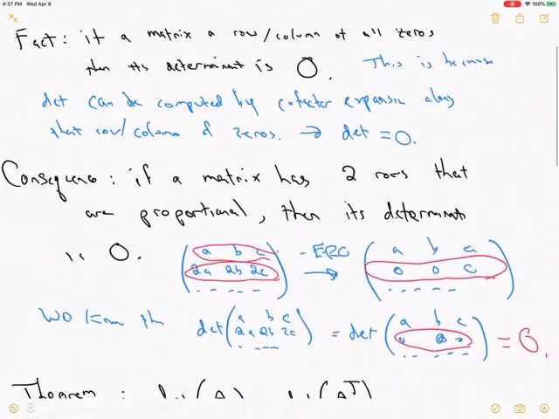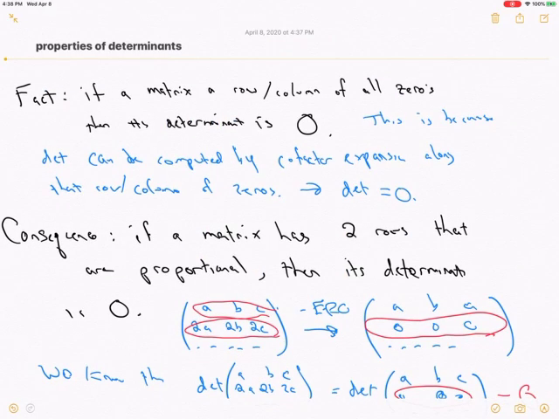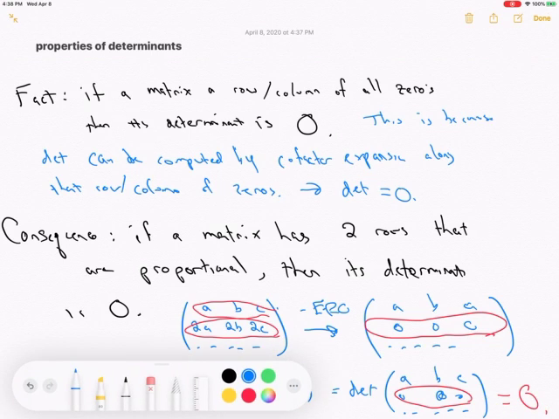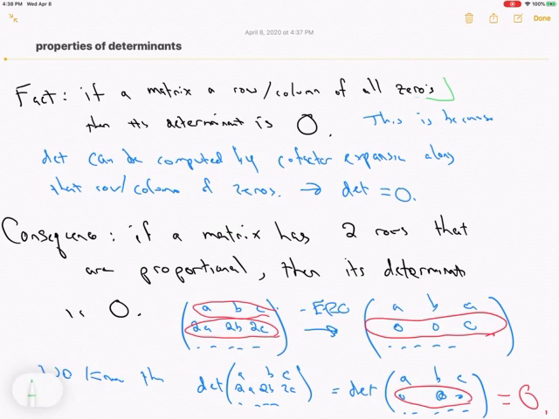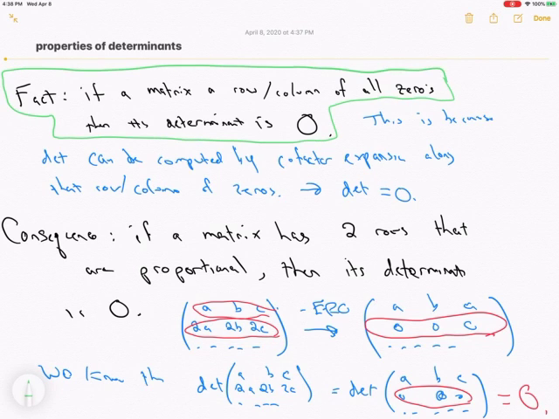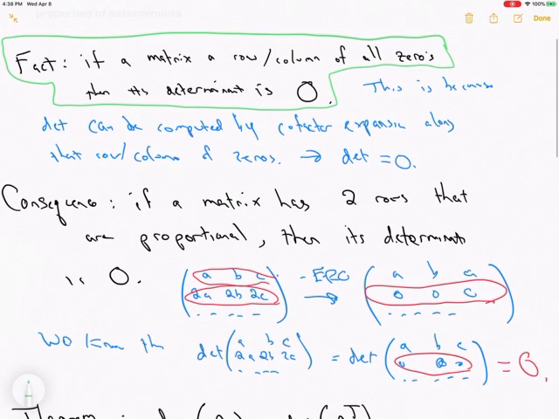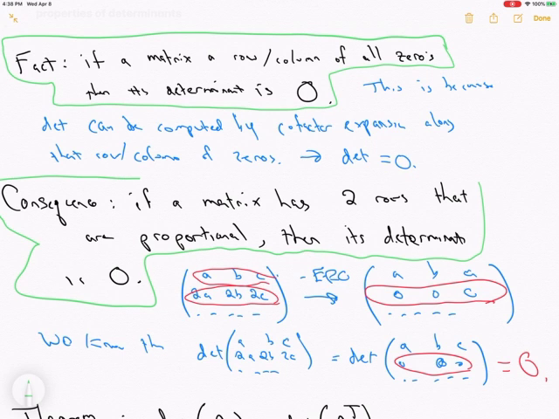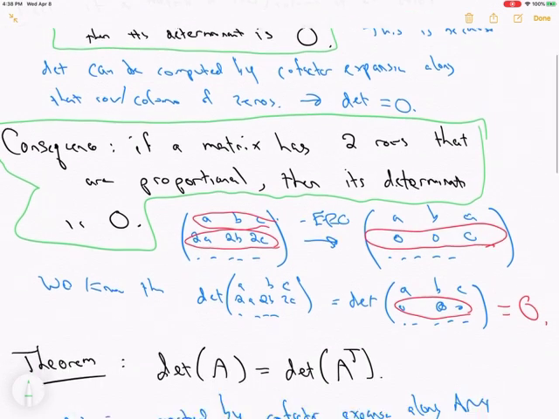So let's just go back one more time. If a matrix has a row or a column of all zeros, then its determinant is 0. This is an important fact, the consequences of which we are investigating now. So this fact implies that if a matrix has two proportional rows, then its determinant is 0.